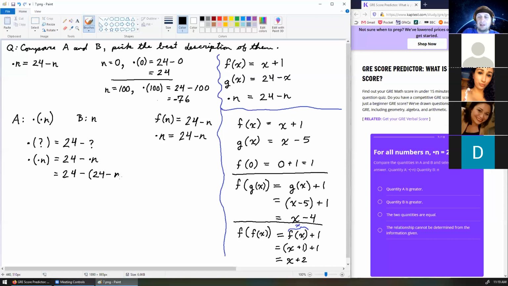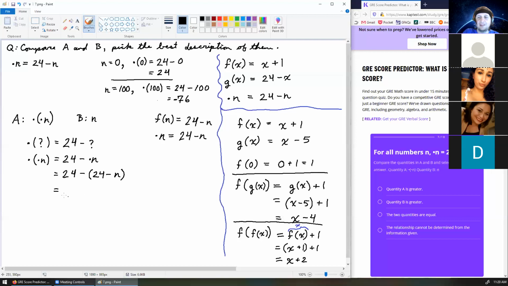Right, I was just putting it inside instead of outside the parentheses. But basically, inside the parentheses is now 24 minus n, and then outside, the first dot is also 24 minus what was inside the parentheses.